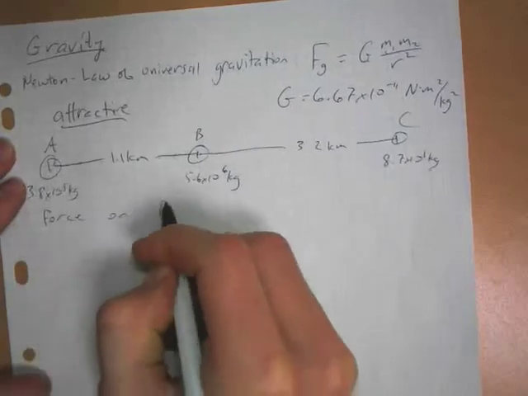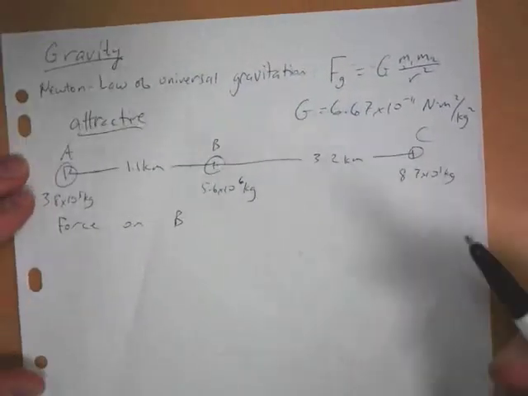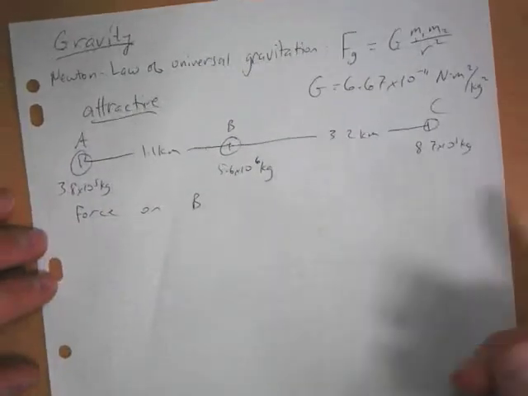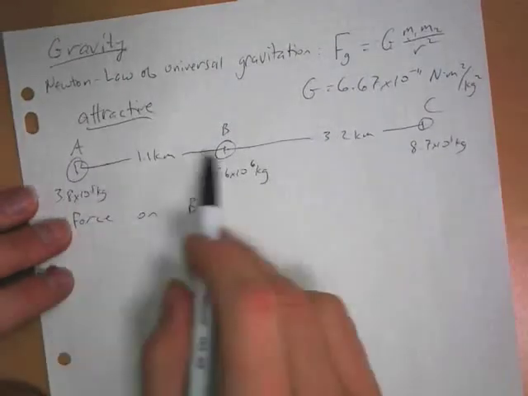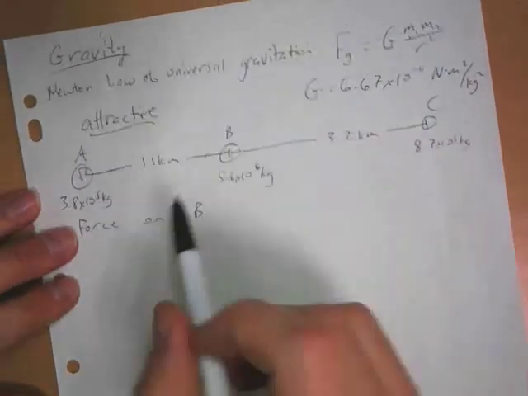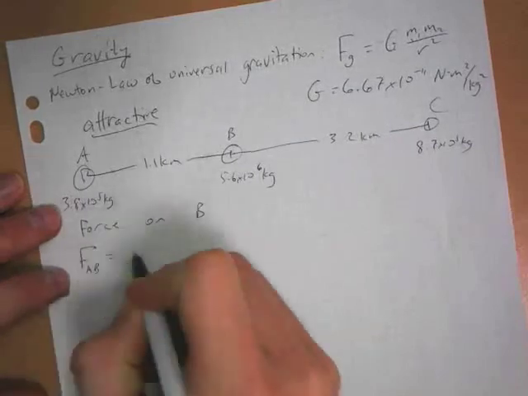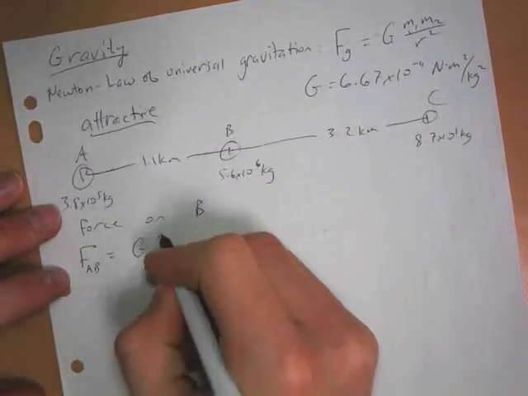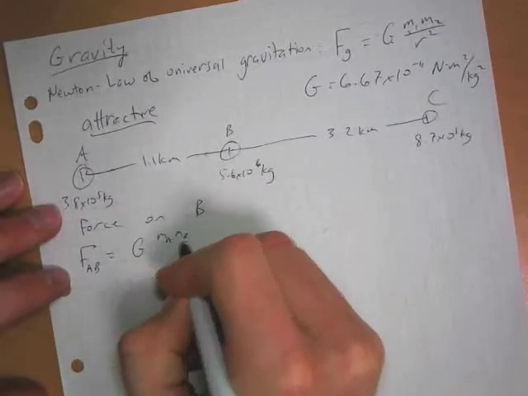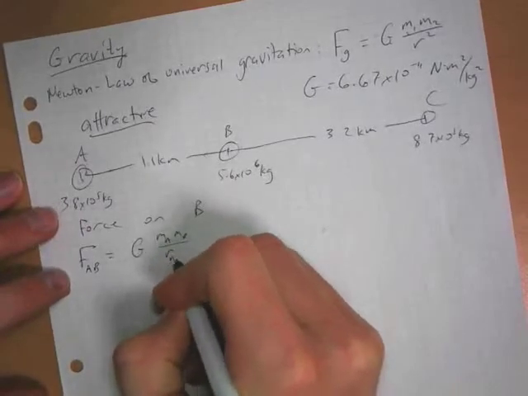on B. Well, we can find each force pair just by applying our equation. The force between A and B is equal to G times mass of A times mass of B over the distance between them squared.